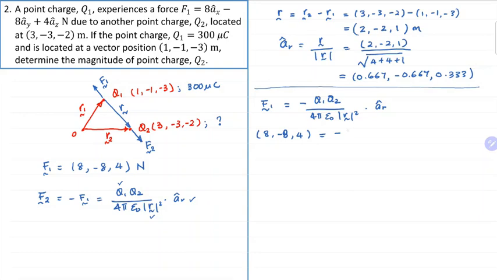Q1 is 300 microcoulombs. Q2 is the one that we want to find, over 4 pi. Epsilon naught is 8.854 times 10 to the minus 12.